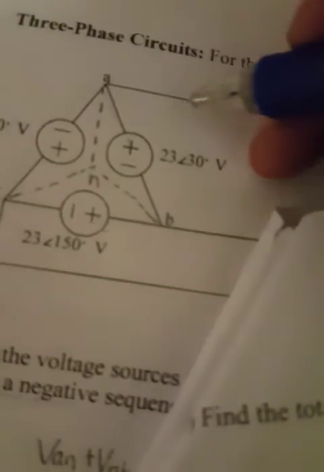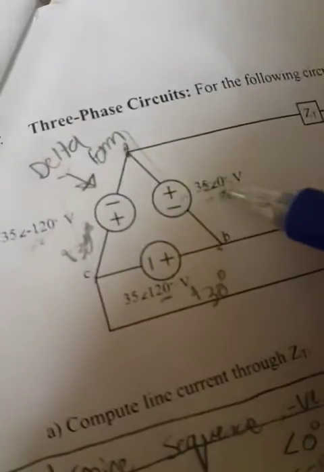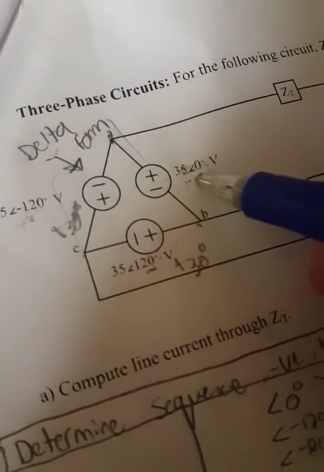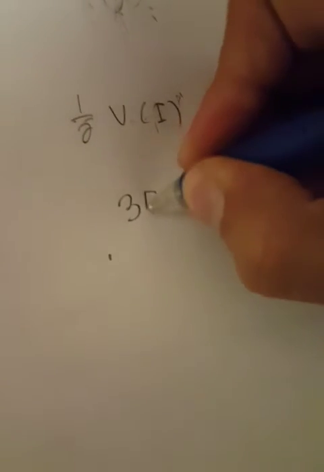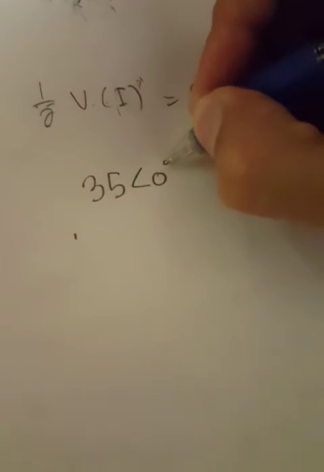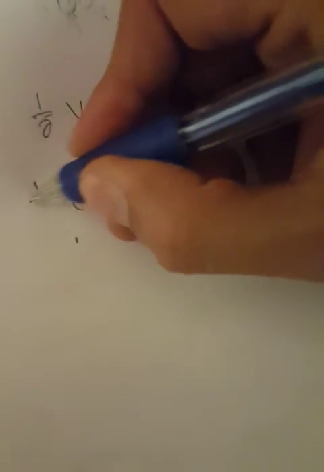So if you look over here, this is a separate question, but same thing. Voltage over here for A is 35 angle 0. So we just plug that back into our equation. 35 angle 0. Cool. That's 1/2.